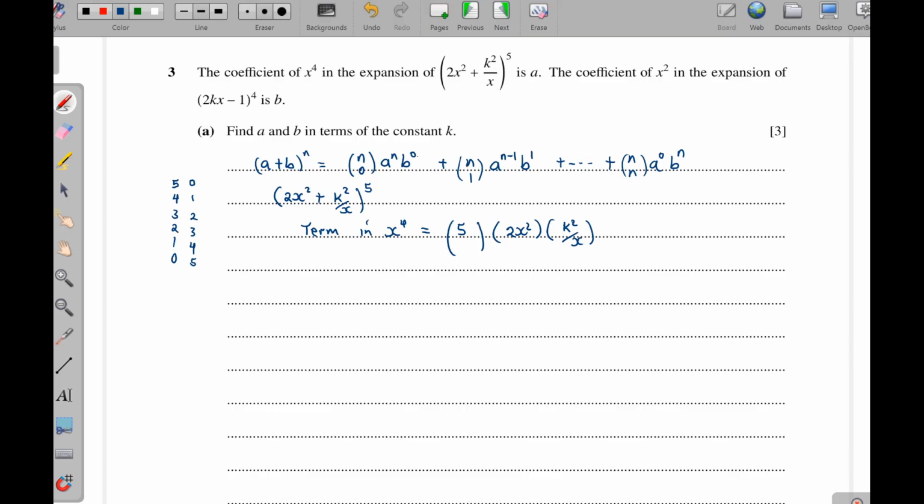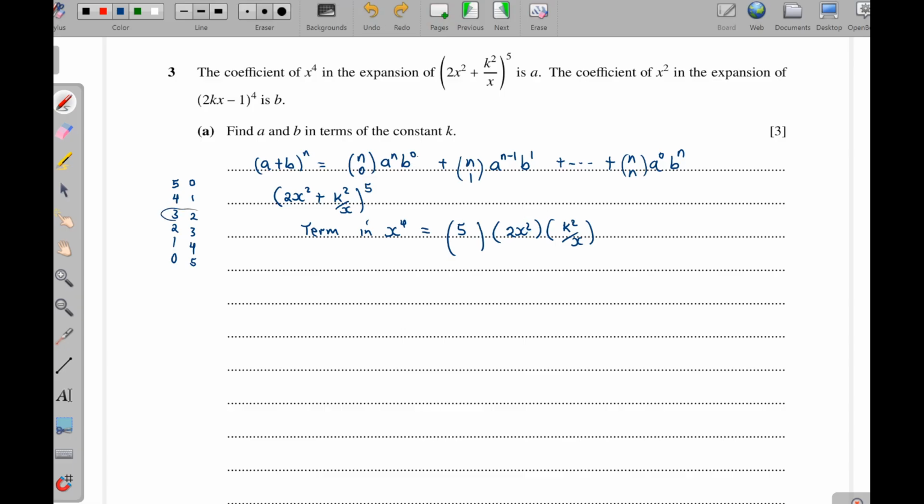Now, I need to pick a pair. If I put 5 and 0, this will be power 10, and of course this one disappears. Then remember, I have to end in power 4. Then there is 4 and 1. So when you put 4 here and 1 here, you will have x power 8, then divide by x, that will be x power 7.